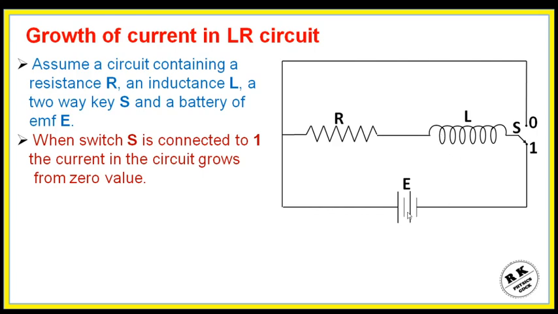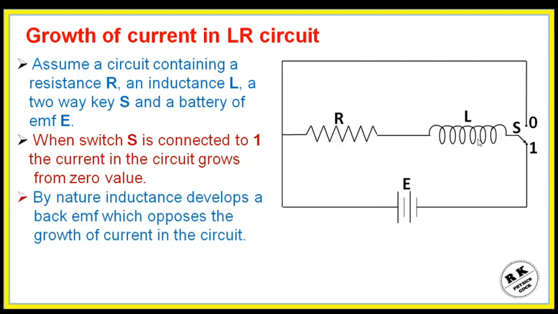Here in this case, whenever we connect the switch S to 1, the battery will be connected in the circuit and current starts flowing in the circuit, that is from 0 value to some value. As the current starts increasing, this inductor opposes the increase. It will develop a back EMF which will decrease the effective value of EMF in the circuit.